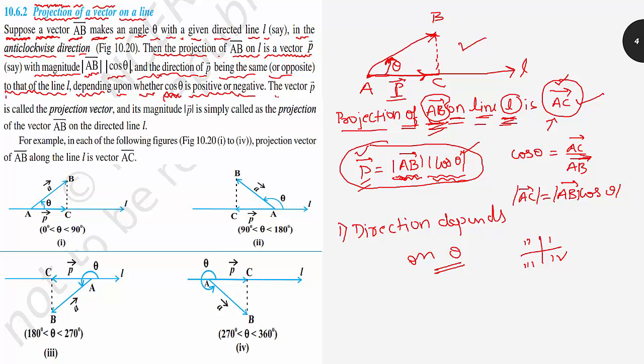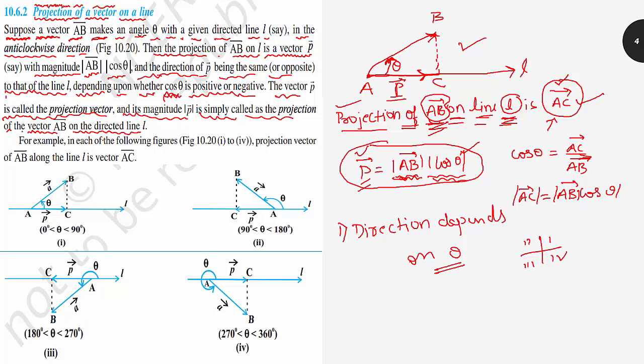The vector P is called the projection vector, that we already know, and its magnitude, mod of vector P, is simply called the projection of vector AB on the directed line L. This already we have discussed.